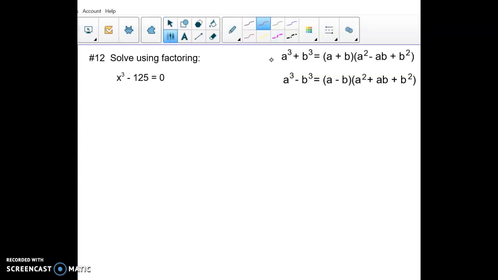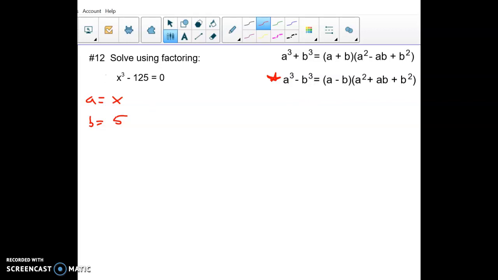First thing is we're going to use this factor pattern because it's the minus pattern between them. And then a and b come from doing the cube root part. So if I cube root this, I would get x. And cube root of 125, I get 5. And don't worry about it being negative 5. This part is always going to be 5, and the negative will come out because we're going to use this specific pattern.